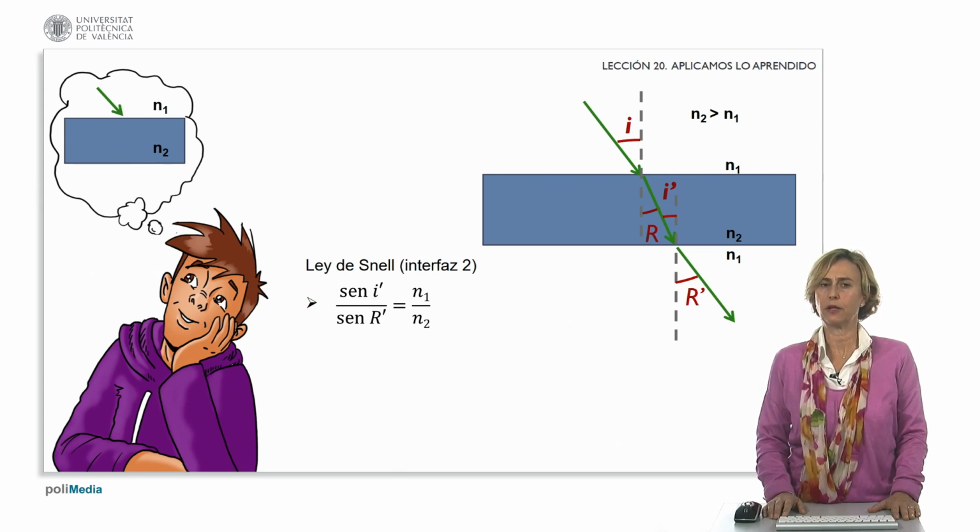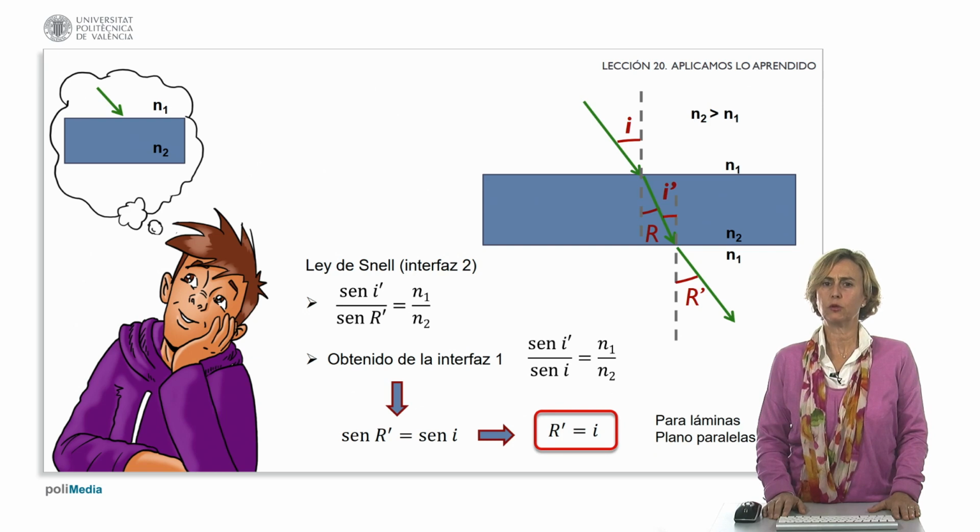On this occasion, in order to differentiate them from the previous ones, we have denoted them with the same letters but with a prime. If we take into account what we had obtained for interface 1 and substitute in this expression, we obtain that for plane parallel sheets, the angle of refraction through the second interface is equal to the angle of incidence.